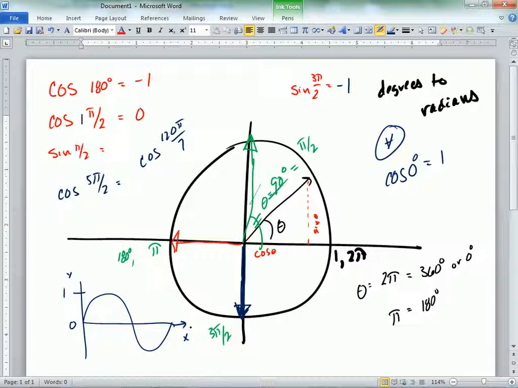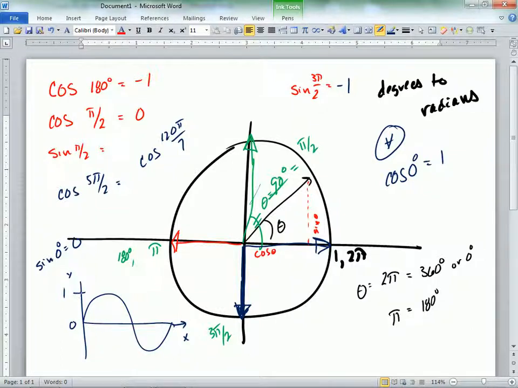The y value, sine of 0 is 0, right? That'd be the sine function, because the sine of 0 degrees is 0, because this is 0 degrees, and there's no y component.